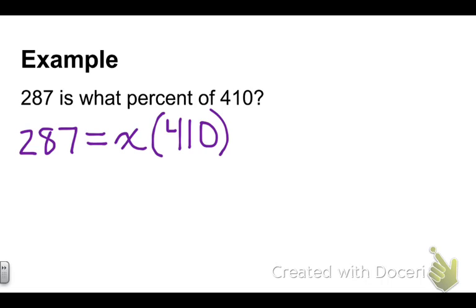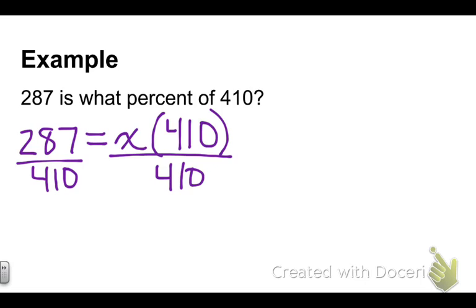So we've got a one-step equation. x is being multiplied by 410, so you do the opposite of multiplying by 410. Divide by 410. Whatever you do to one side, do to the other. If you divide that out, you're going to get 0.7 is equal to x. Here's the tricky part.